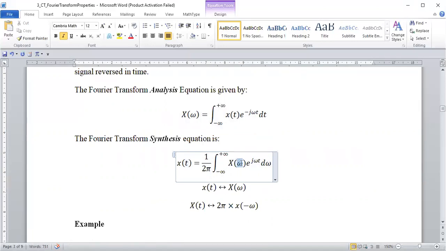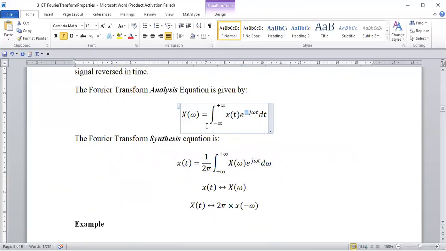When you look at this closely, you have X of omega here, X of omega here, x of t here, x of t here. Basically these two are just the same thing. It's just that there's a minus here and there's no minus here. So when you look at it this way, these are the same thing.